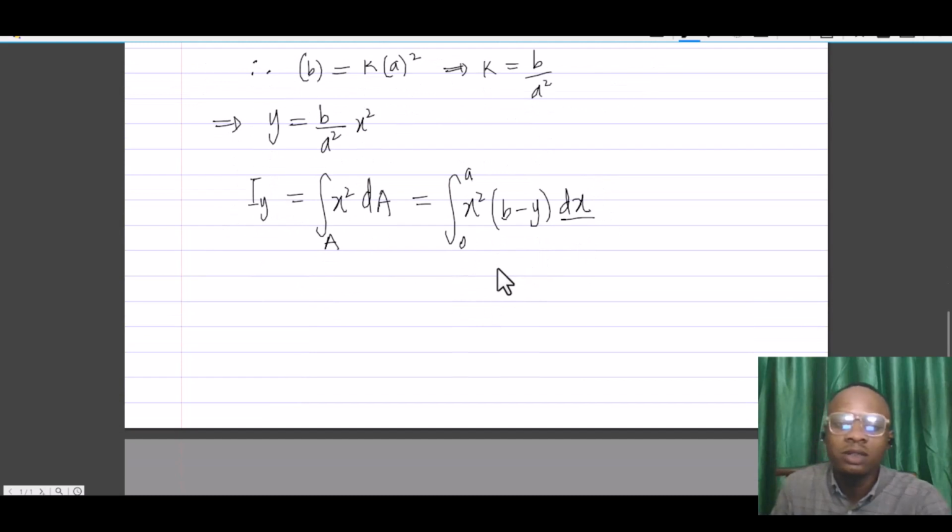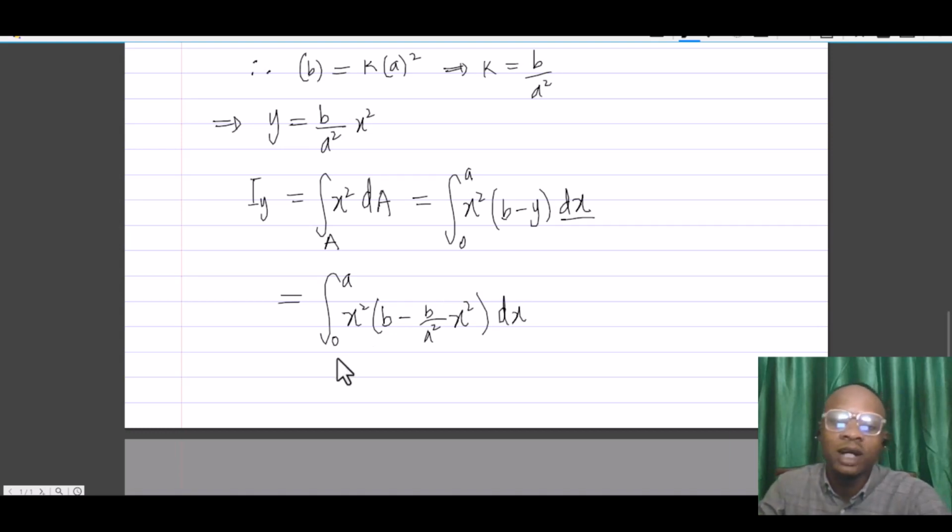So we're going to substitute that here. This will give us the integral from 0 to a of x squared into b minus b over a squared multiplied by x squared, dx.